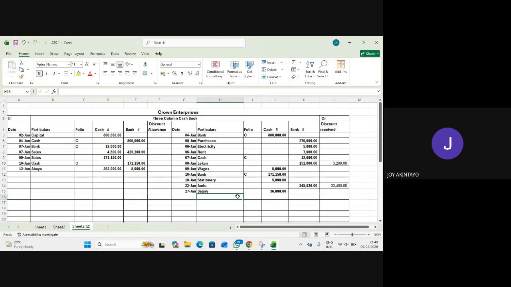Next thing. Drew check for personal use 50,000. We will do check for personal use 50,000 naira. How do we choose?